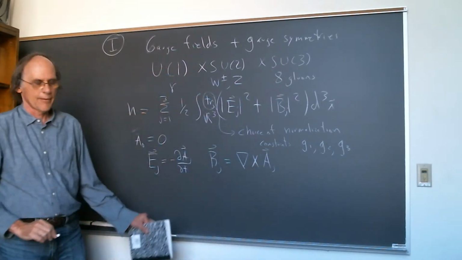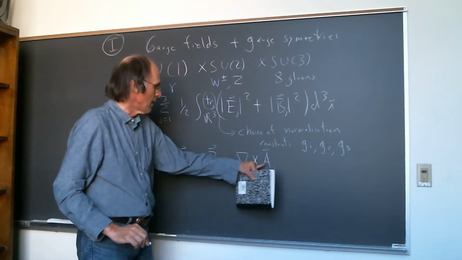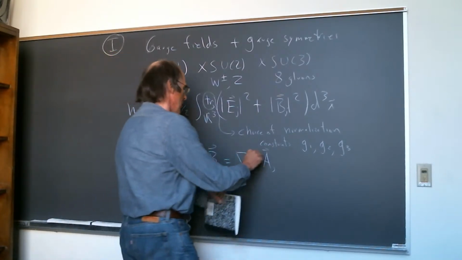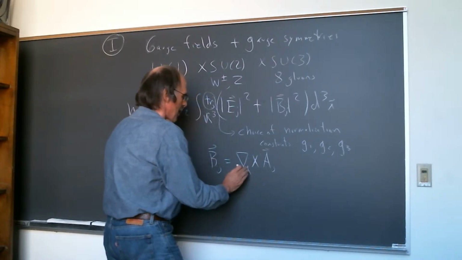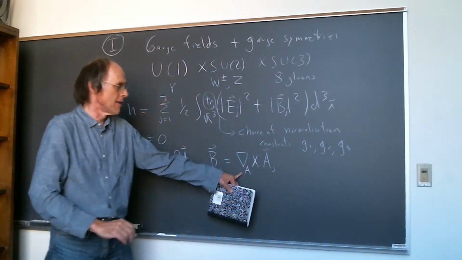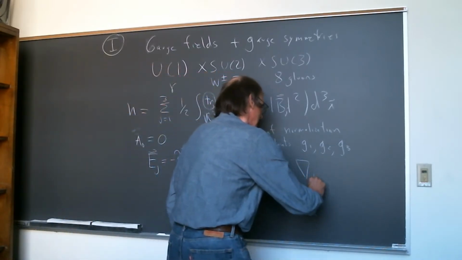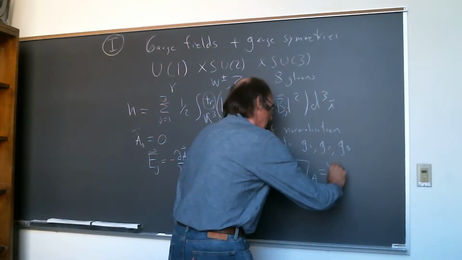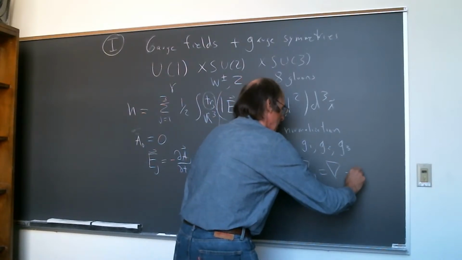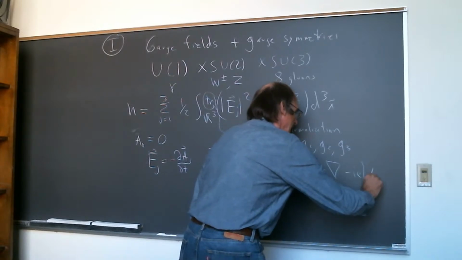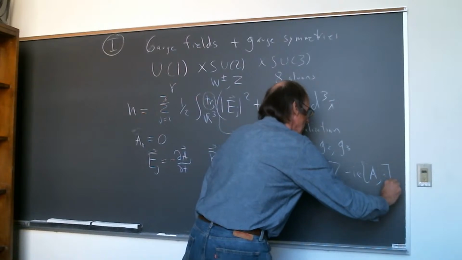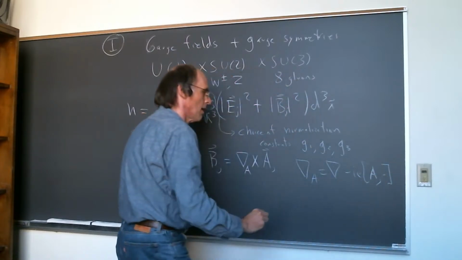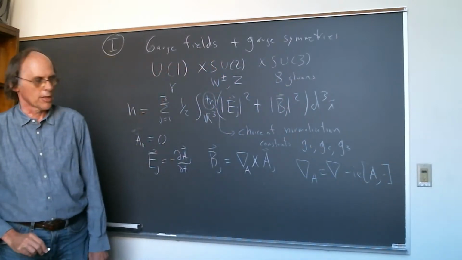But the tricky thing is that the curl now should be a covariant derivative. So this is not just the usual derivative. So del A is basically del minus I E A.